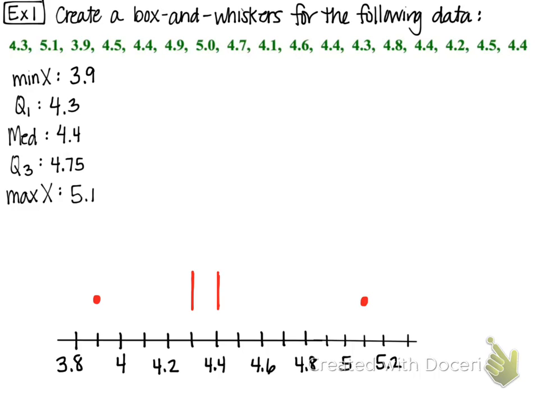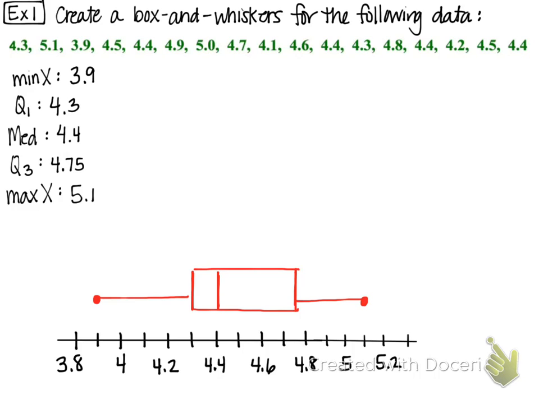So 4.75 is halfway between 4.7 and 4.8. We're going to make another line. So this right here creates our box for our box and whiskers. And we're going to connect them to the points. So here's our box and whiskers plot for this data.